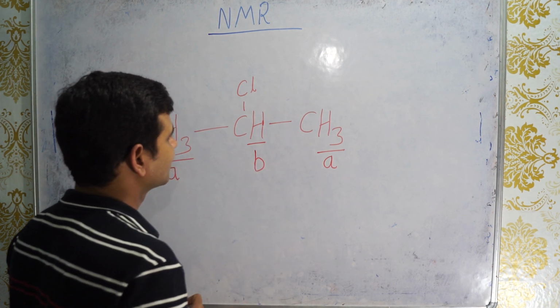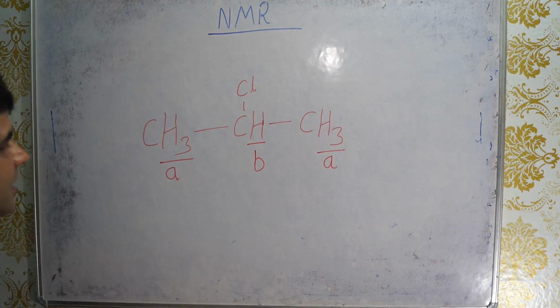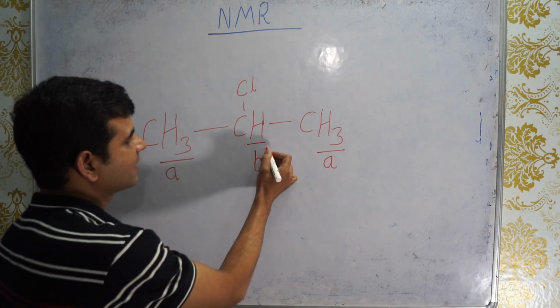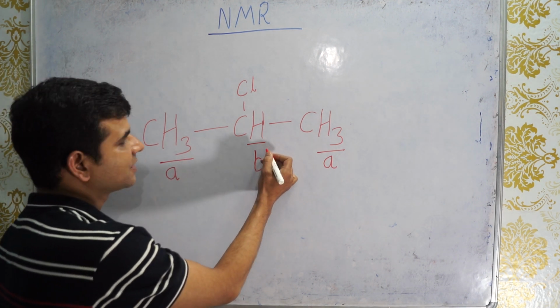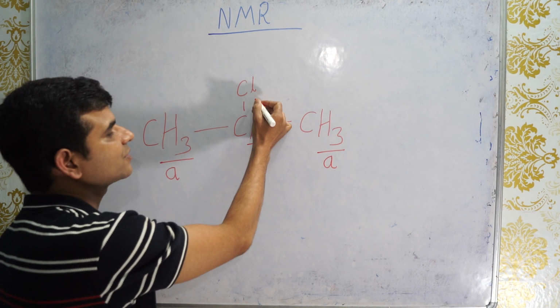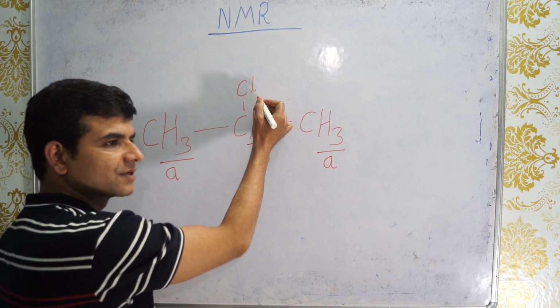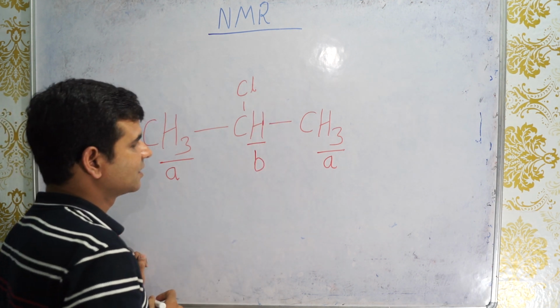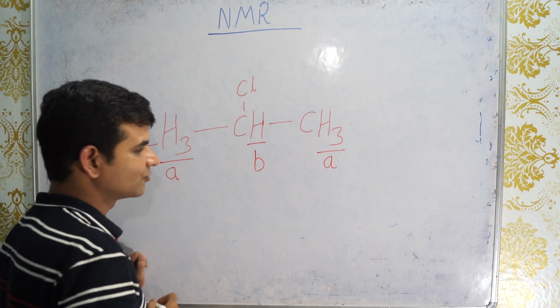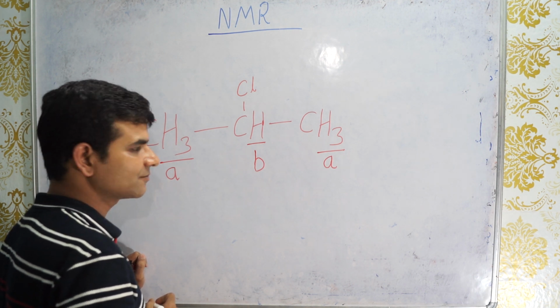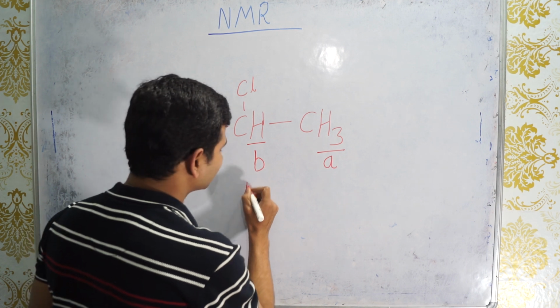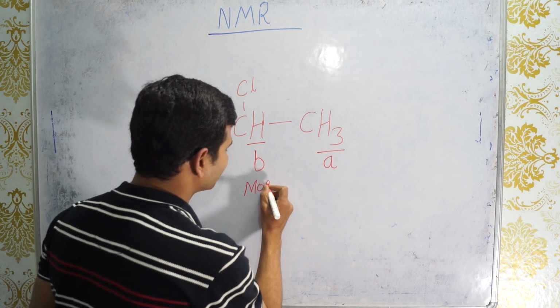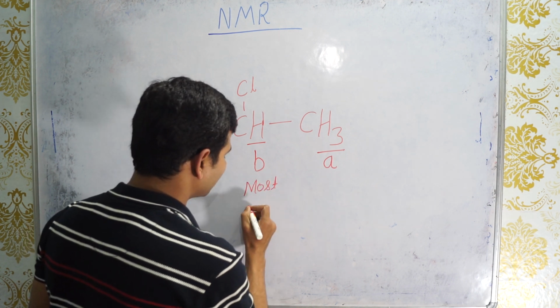Now, type B hydrogen atom is closest to the electronegative chlorine atom. Therefore, type B hydrogen atom would be in the most deshielded form.